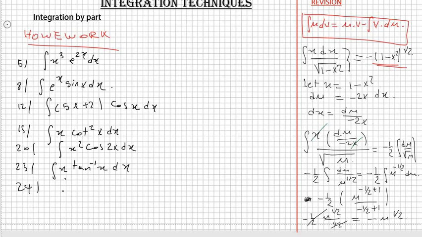So 24 is most likely what we've just done, except that here they use 2x instead of x. And then the last one is the integral of x to the power of 2 cot -1 x dx.